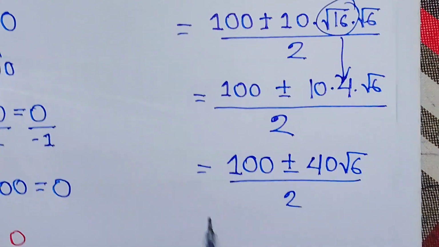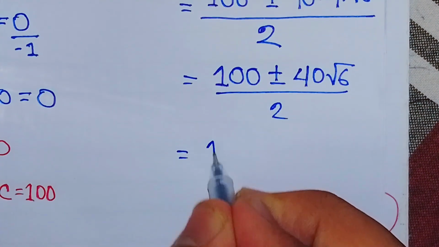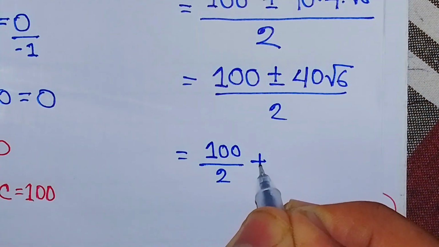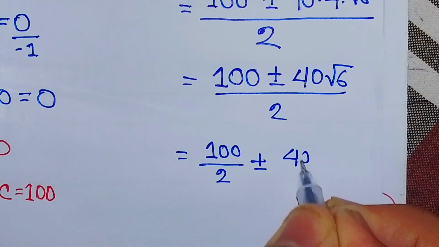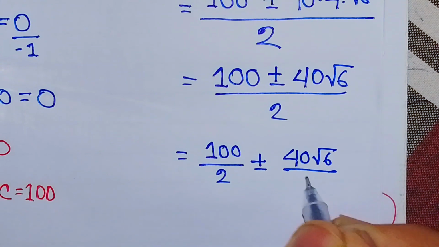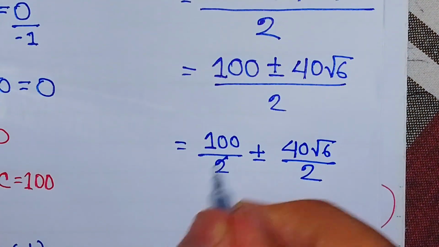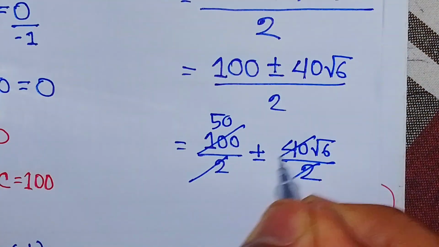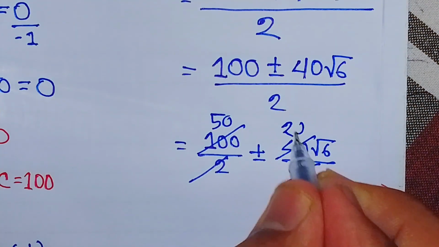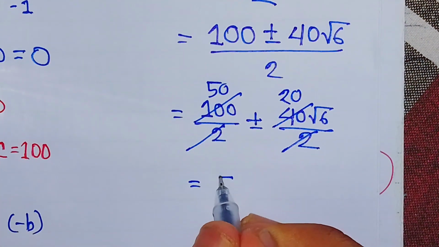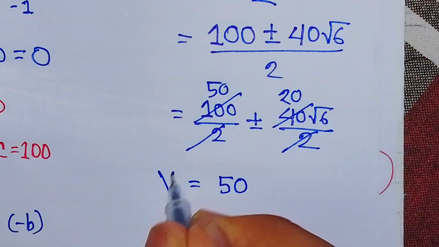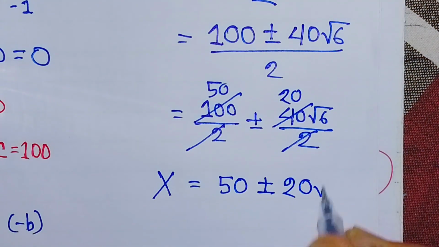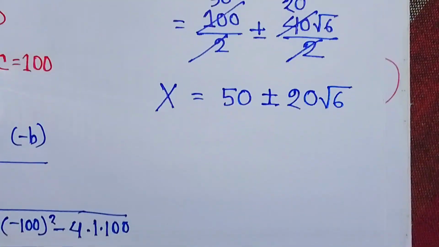Now we just simplify this like 100 divided by 2 plus minus 40 root over 6 divided by 2. Then 100 and 2 will be cancelled to 50, and 40 will be cancelled by 2, giving 20. Then we'll get the simplified value of x is 50 plus minus 20 root over 6.